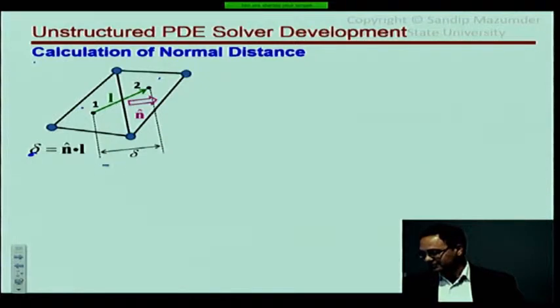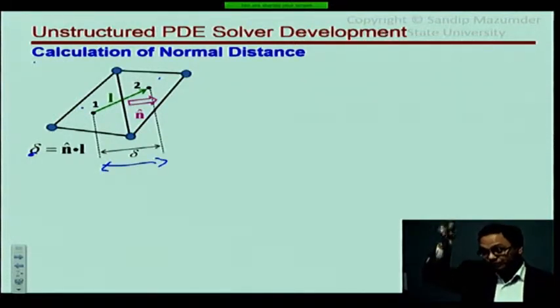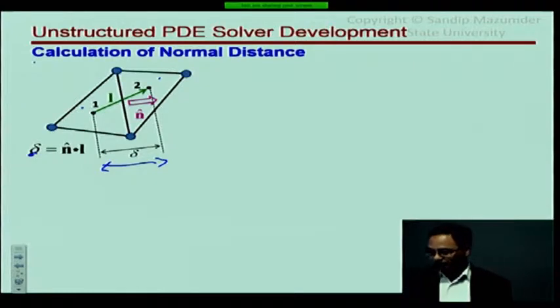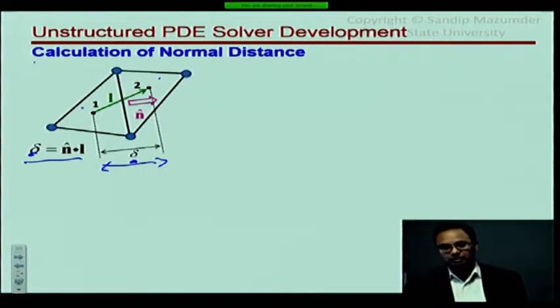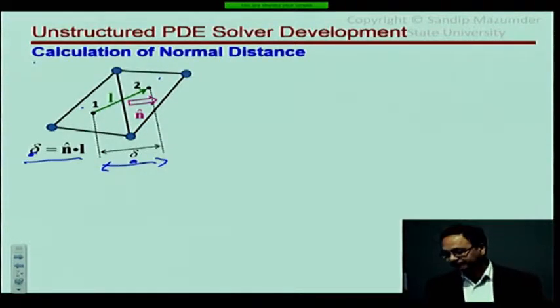It's the distance normal to that face between cell centers 1 and 2. So it's the component of the L vector in the direction of the surface normal, which I've marked by delta here. You will see when we do the finite volume formulation that this quantity always shows up. Therefore, what people do is pre-calculate and store this quantity, n dot L.